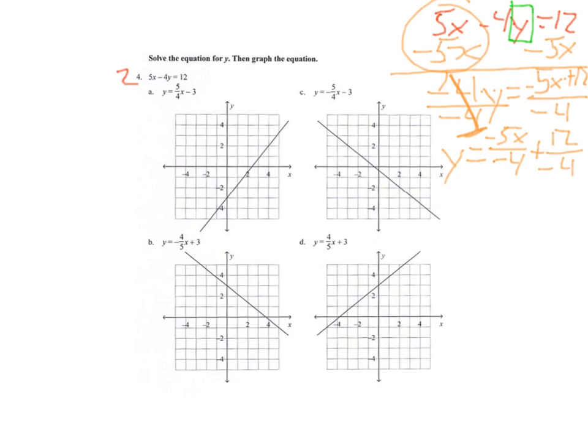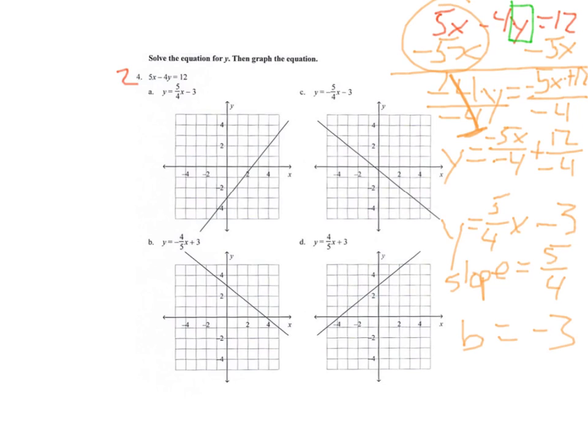A negative by a negative is a positive. So I've got 5/4 x, and 12 divided by negative 4 would be a negative 3, and I'm not going to put a plus, but I could. So my slope is equal to 5/4. My intercept, my b, is negative 3.